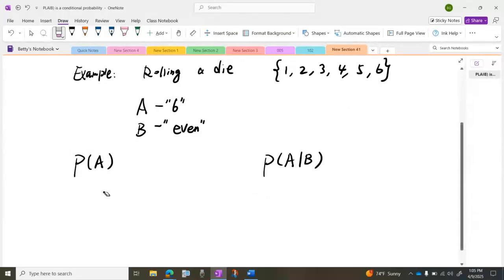Firstly, P of A. We roll a die once. All the possible outcomes are 1, 2, 3, 4, 5, 6. And what's the probability that we roll a number 6? It's classical.